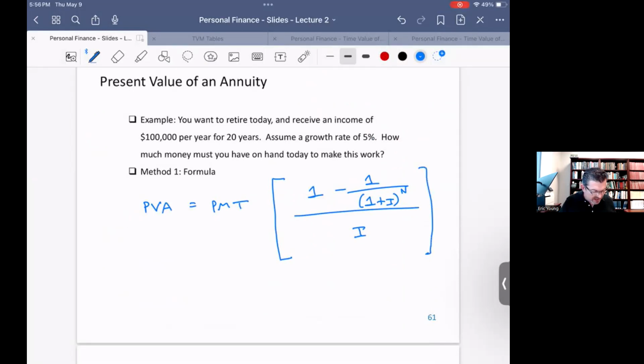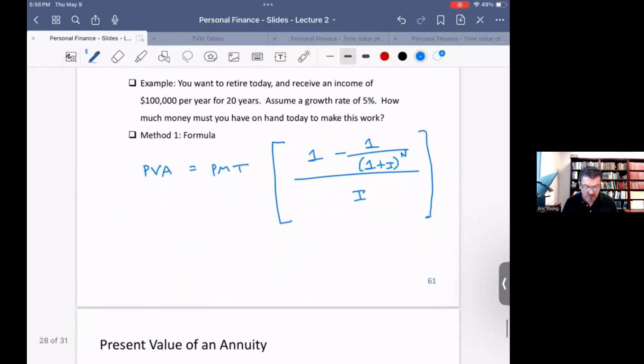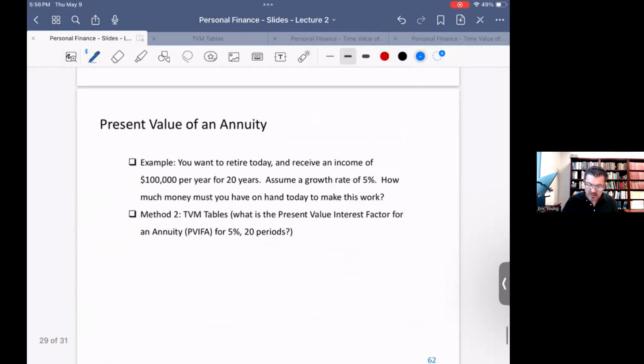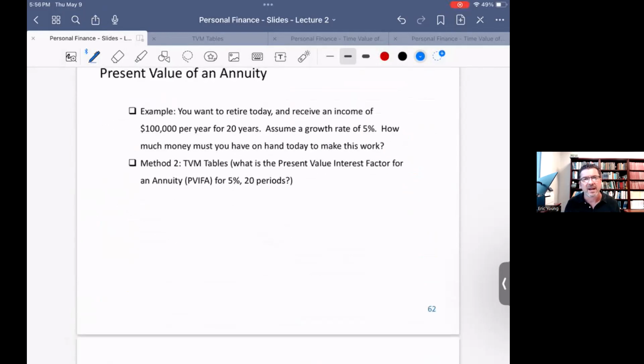Once again, the PVA is equal to the payment multiplied by 1 minus 1 divided by 1 plus I raised to the exponent, all divided by I. Okay, so that's the formula if you chose to use it, which you can, maybe do experiment, but it's a hassle. Instead, we know we have shortcuts in finance now.